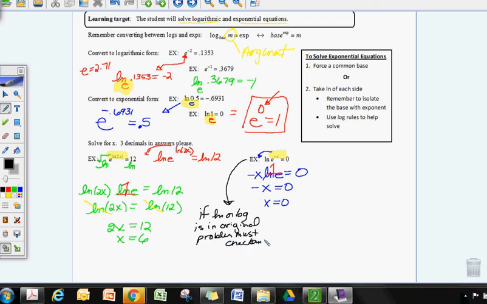And what are you checking for? You need to always make sure that the argument is positive. Argument must be positive.